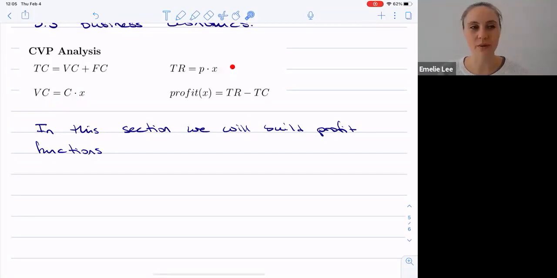Then I can talk about, okay, well, the total revenue is going to be the price, right? So here, TR, total revenue, no surprise there. The total revenue is going to be the price that I charge per item times however many items I have. Notice that this X is the number of items that I'm selling or producing. And we talked about this earlier.